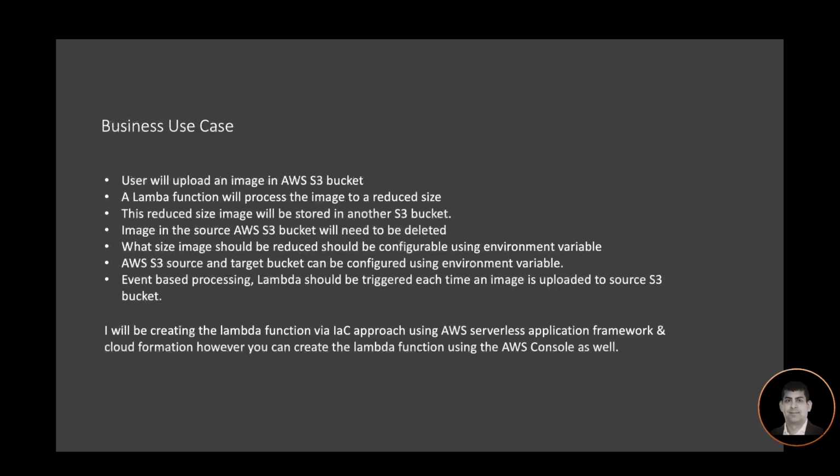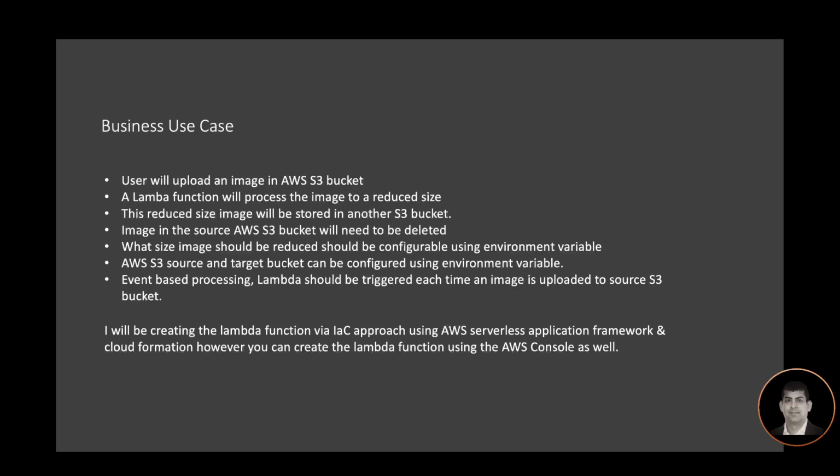Let's look at our business use case. A user will upload an image in an AWS S3 bucket. A Lambda function will process the image to a reduced size. This reduced size image will be stored in another S3 bucket. The image in the source S3 bucket will need to be deleted.